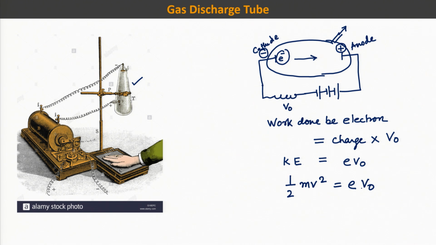Once, when Roentgen was performing an experiment, he observed that when he supplied a voltage to this gas discharge tube, there was a photographic plate in front of it, and he had painted the front of this photographic plate with barium platinum cyanide.